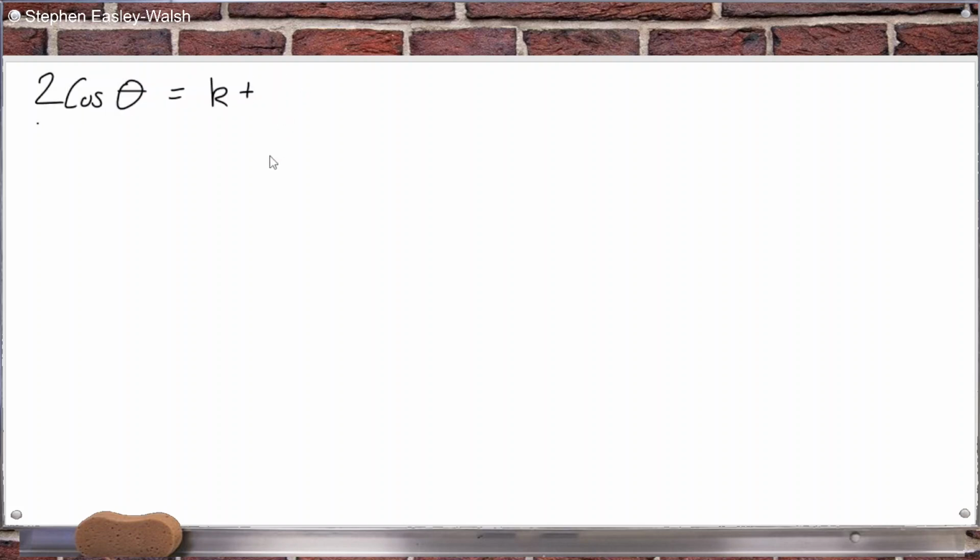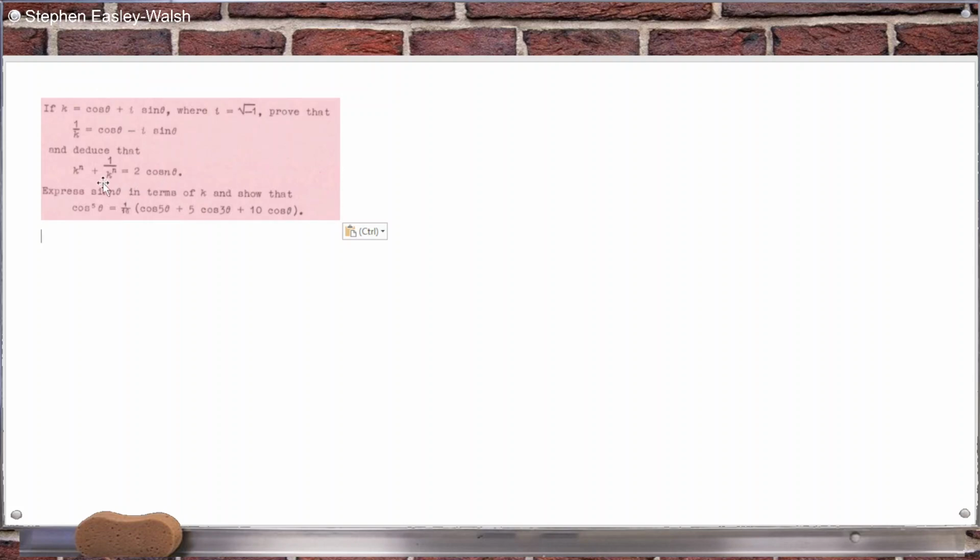Better go back and make sure. Yeah, 2 cos theta is k plus 1 over k. Actually, I'll just leave that up there because then I can see if I'm getting to it. So if I power 5 both sides, I have this.